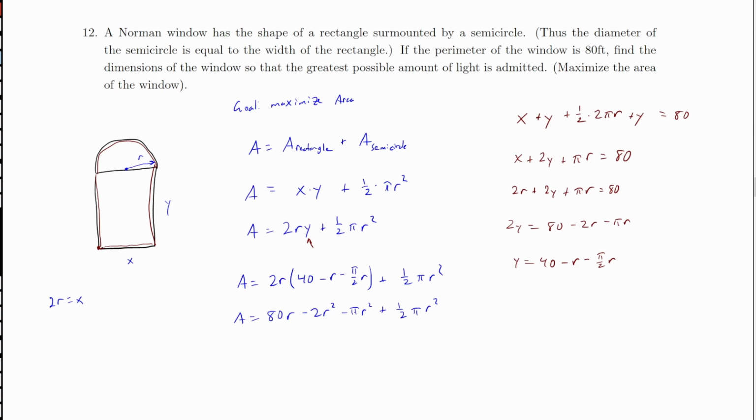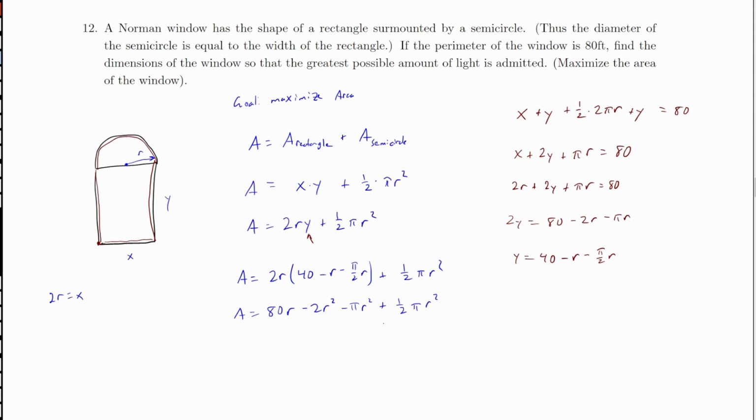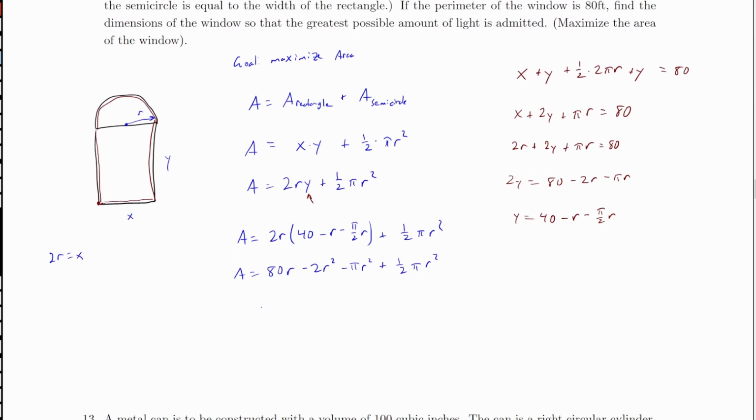So a negative pi r squared plus 1/2 of pi r squared is going to give me a negative 1/2 pi r squared. Okay, so now we have area as a function of just one variable r.